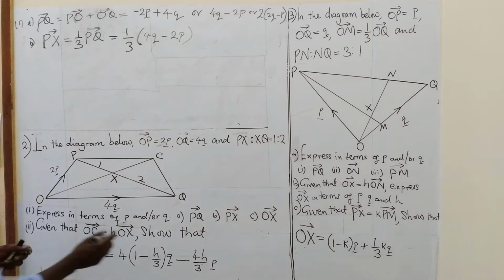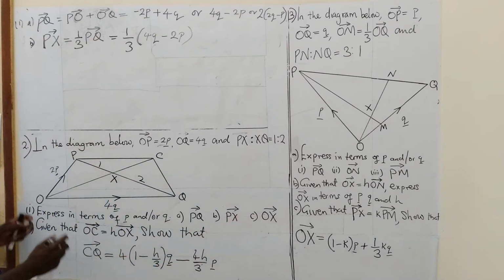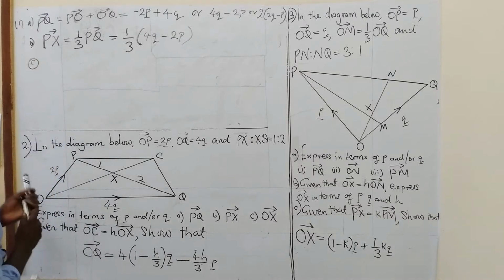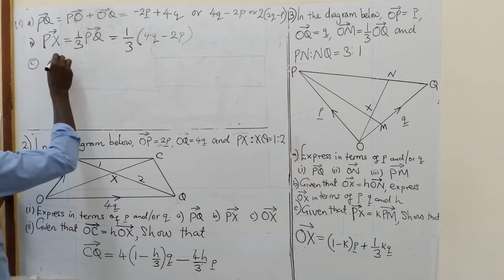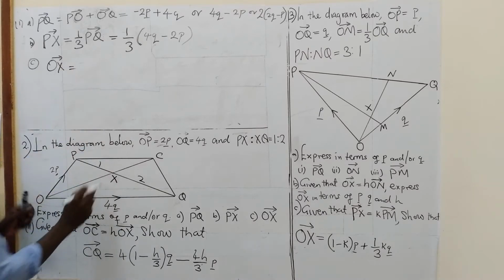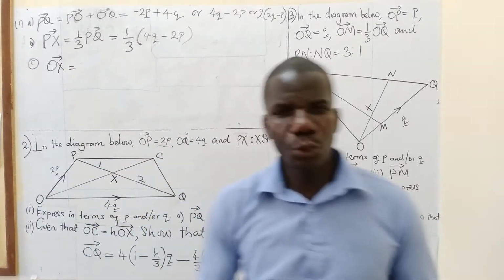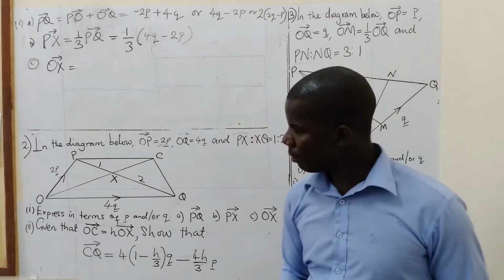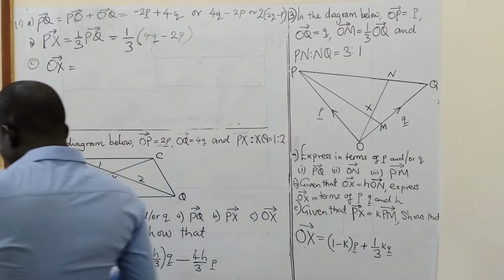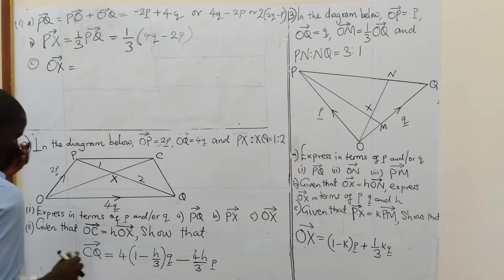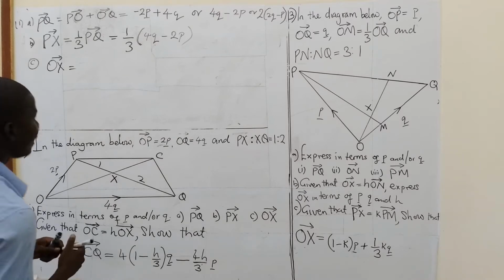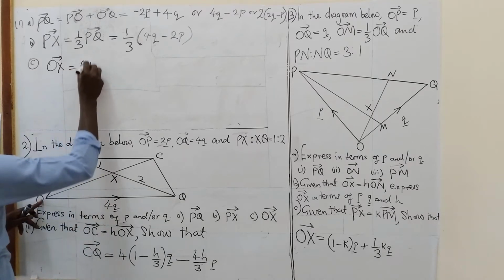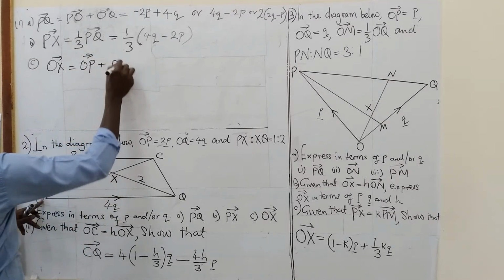The next one is OX. How do we move from O to X using the vectors that have magnitudes? We need OX, and we are going to have OP plus PX.